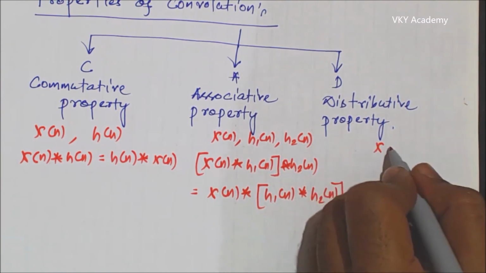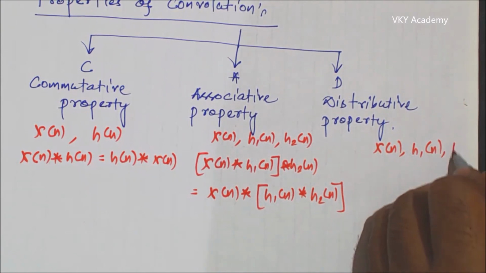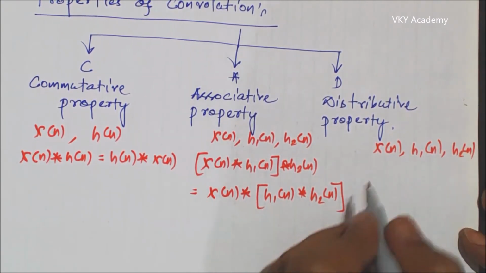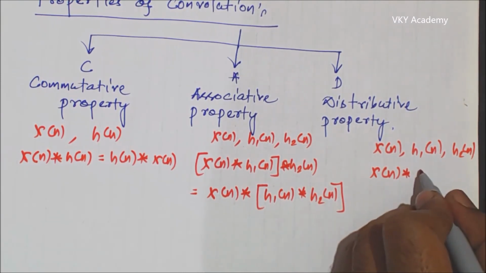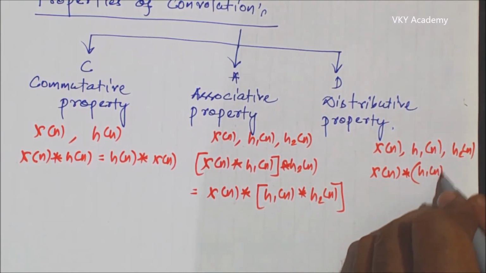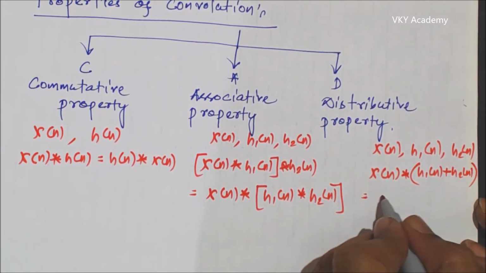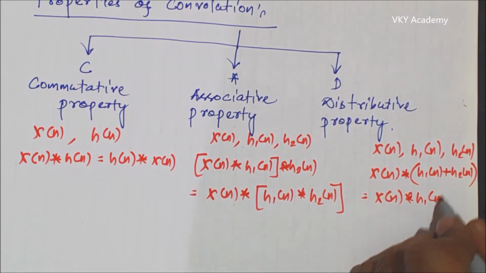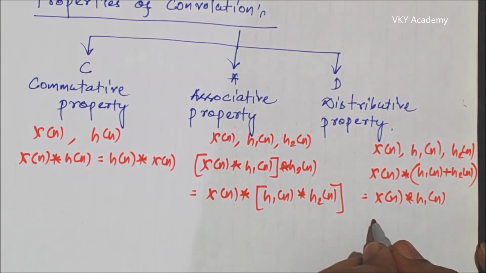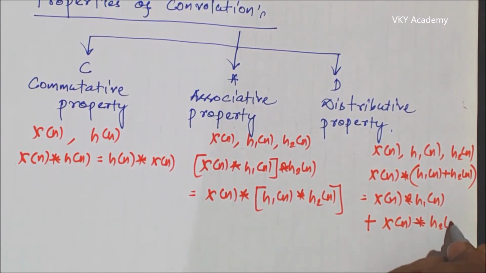If a discrete time sequence x of n is given and the impulse responses h1 of n and h2 of n are given, then x of n convolution h1 of n plus h2 of n will be equal to x of n convolution h1 of n plus x of n convolution h2 of n.